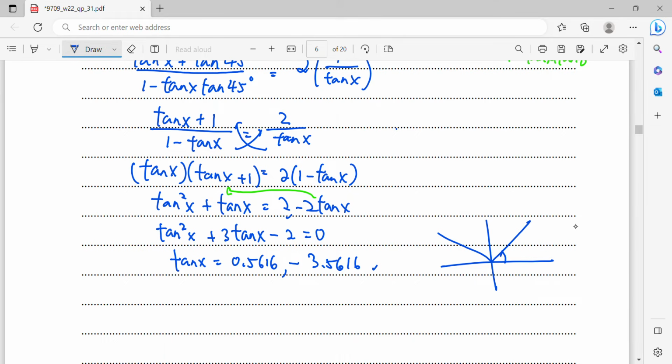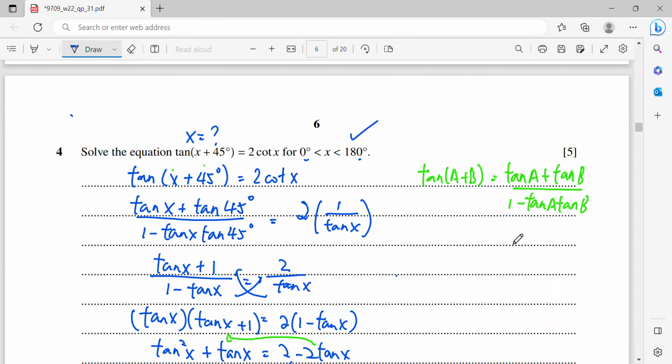So now this is the first angle and followed by second angle. So from here, your x will be 29.3 degrees and 105.7 degrees. Okay, so with this, we have solved the question 4.